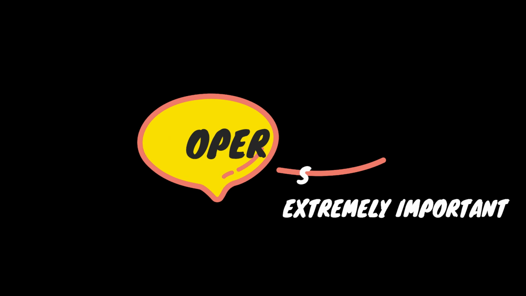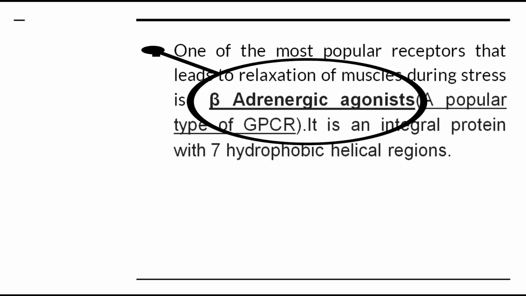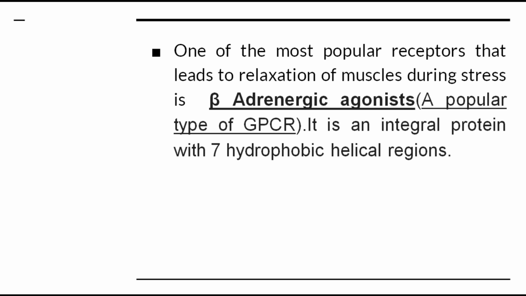But one of the most popular responses that leads to relaxation of muscles during stress is beta-adrenergic agonists. It's a very popular type of GPCR. It is an integral protein with 7 hydrophobic helical regions.